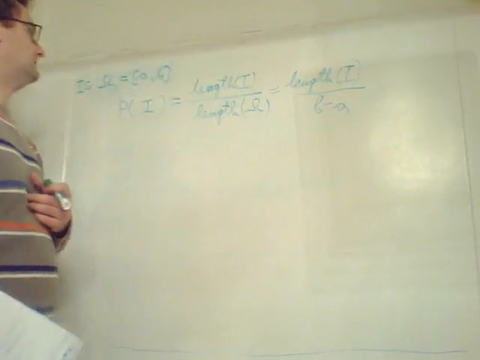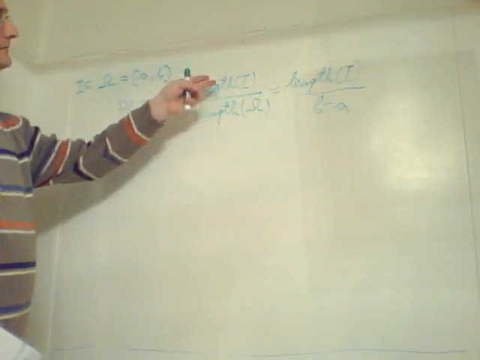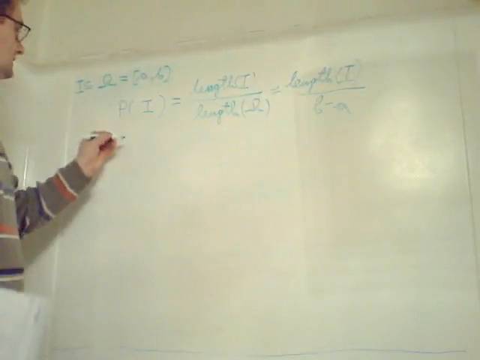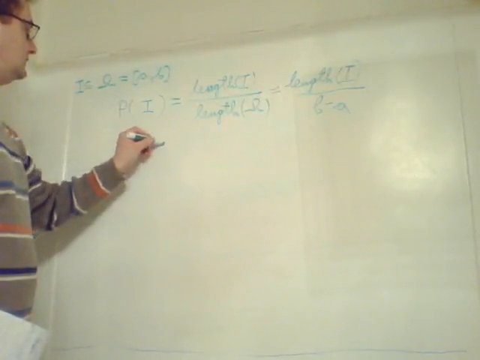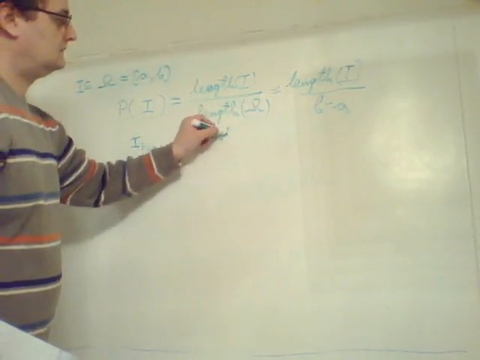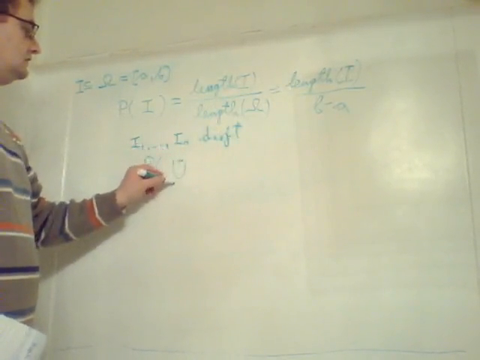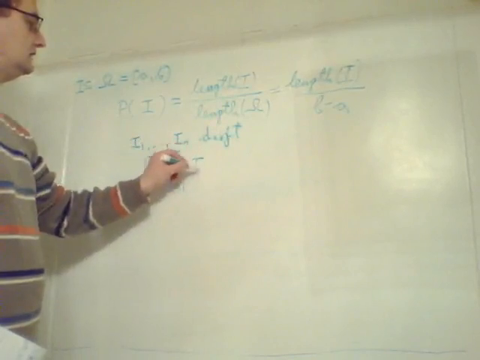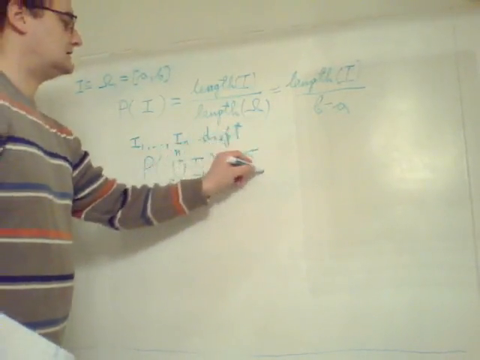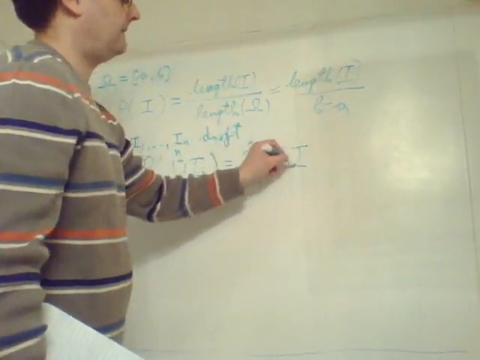To do that, we can first observe that for a finite union of disjoint intervals I1 through In, if they are disjoint, then probability of that disjoint union, k goes from 1 to n, of Ik, should be the sum, k goes from 1 to n, of P of Ik.